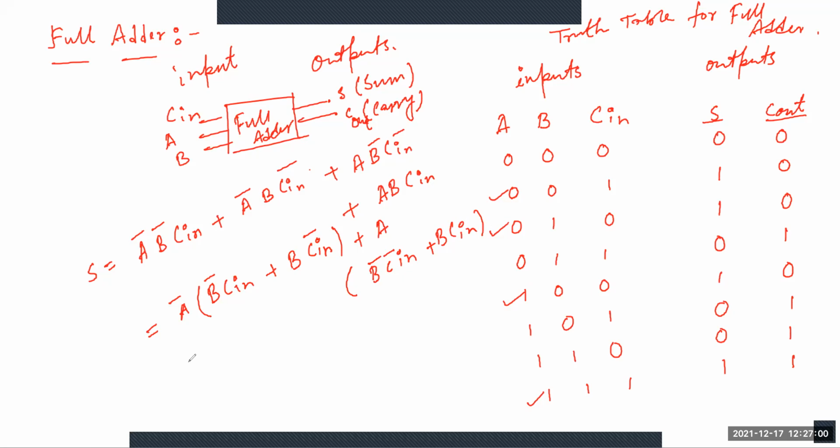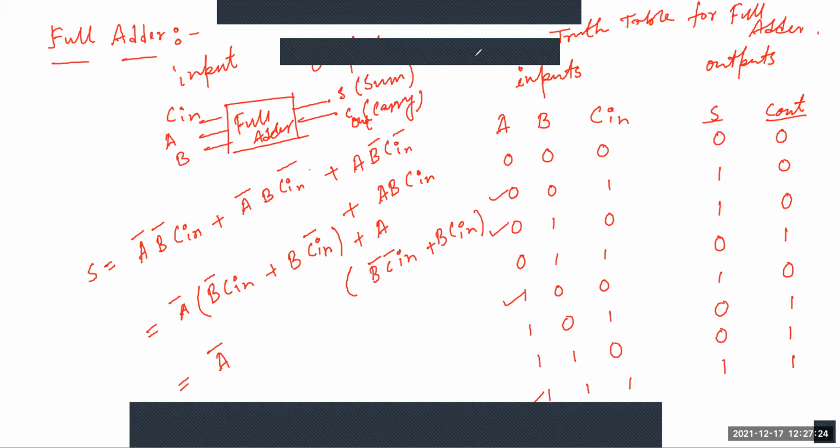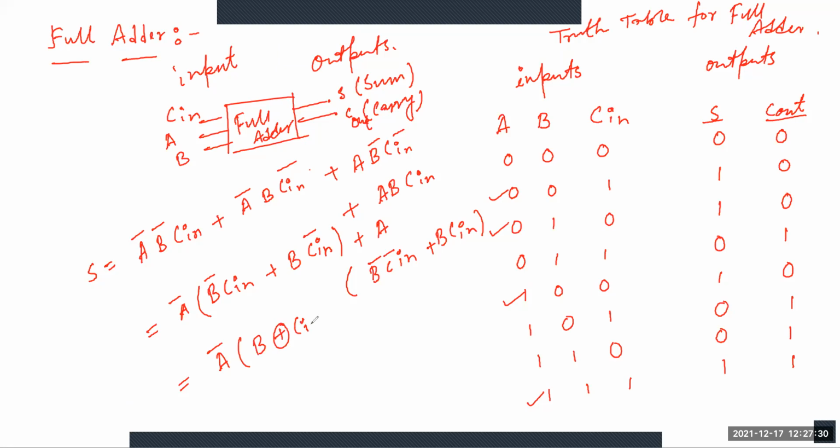So here this is in the form of XOR gate, yes or no? A bar times B XOR C in plus A times B XOR C in whole bar.